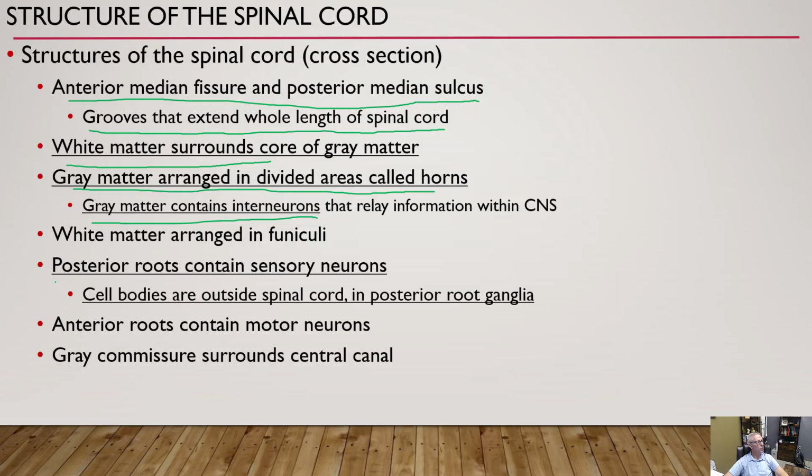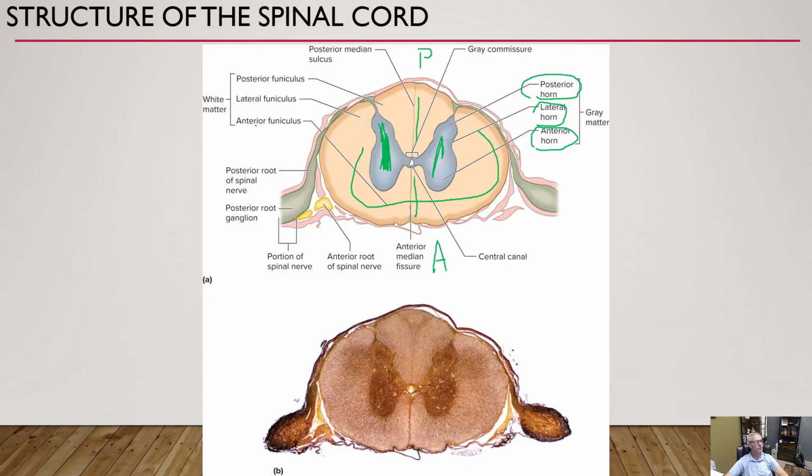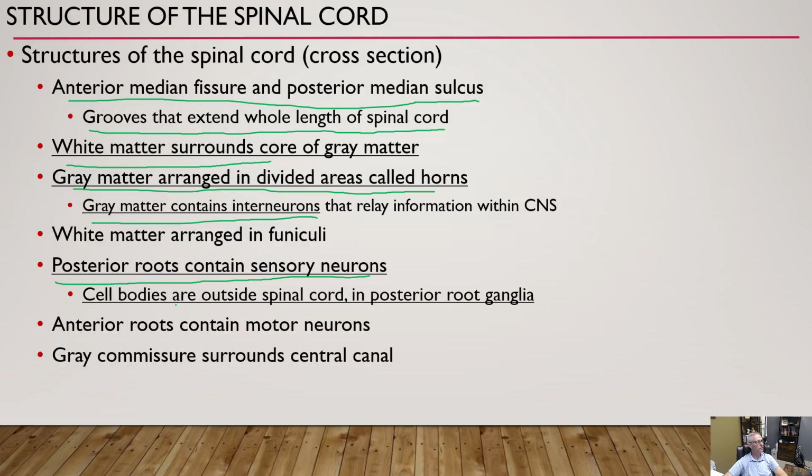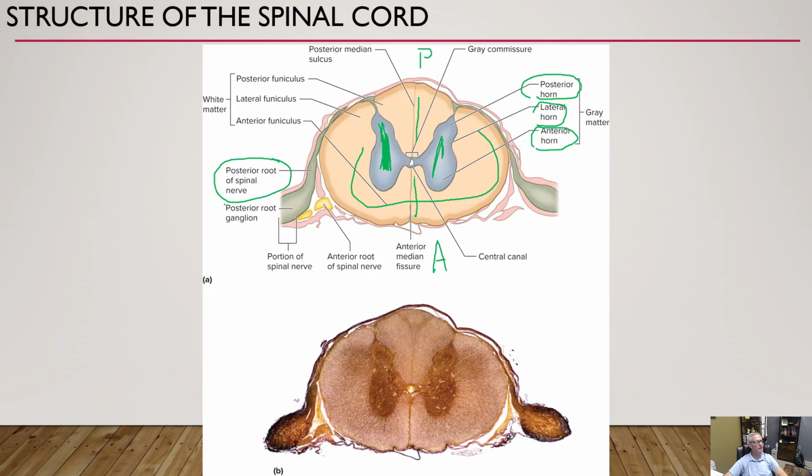All right, posterior roots contain sensory neurons. So we'll get back to that in a second. Cell bodies are outside the spinal cord in the posterior root ganglia.